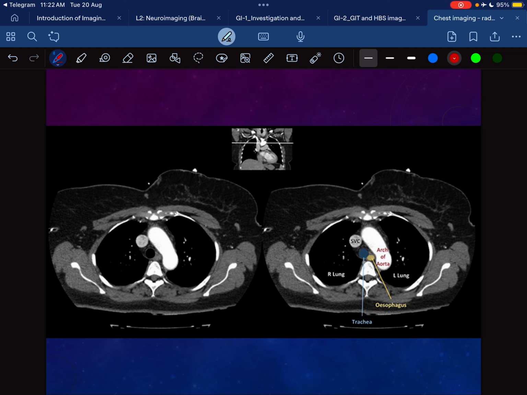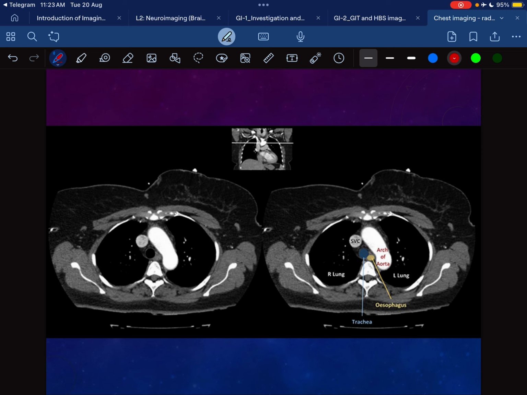So this is the aortic arch, at the level of the transverse aorta. This one is the SVC, trachea and esophagus, right lung and left lung.